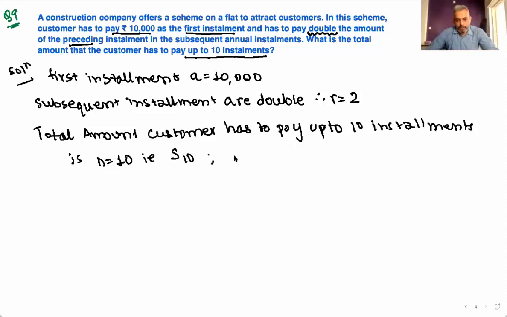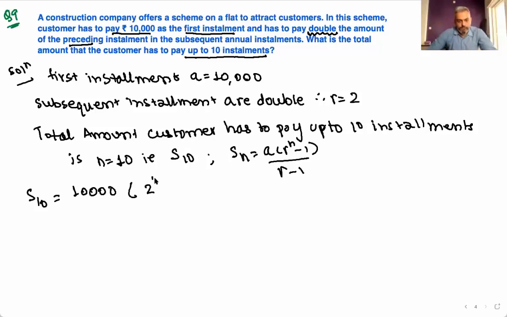So now Sn is equal to A into R raised to N minus 1 upon R minus 1. S10 is equal to 10,000 into R raised to N, so 2 raised to 10 minus 1 upon 2 minus 1, which is 1, which is equal to 10,000 into 2 raised to 10.